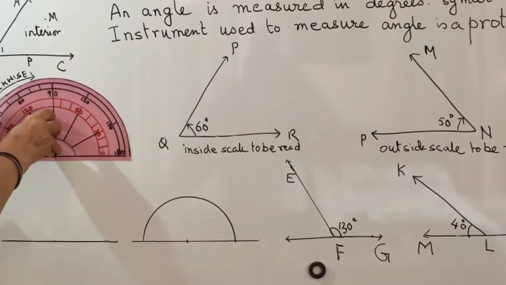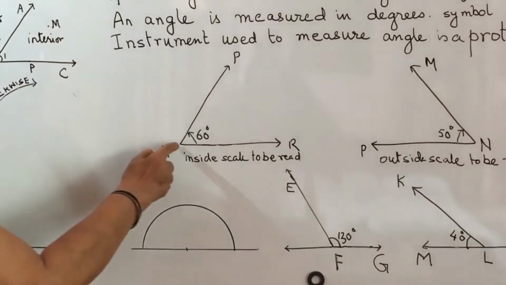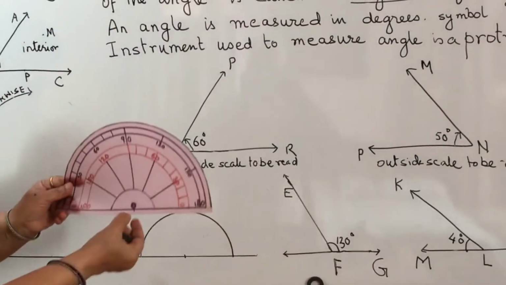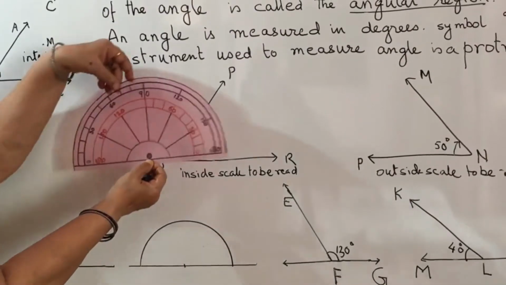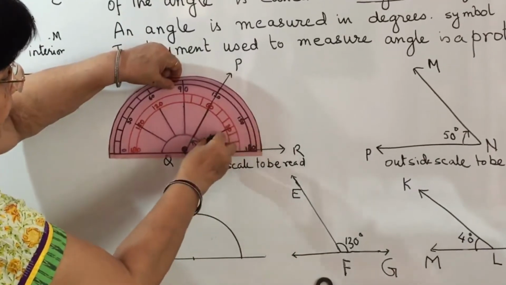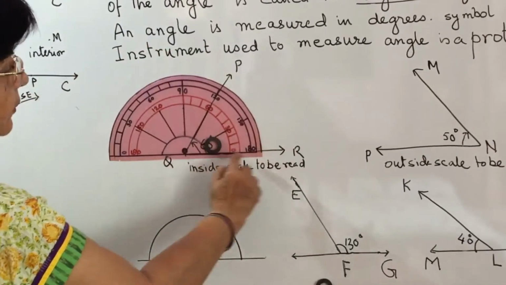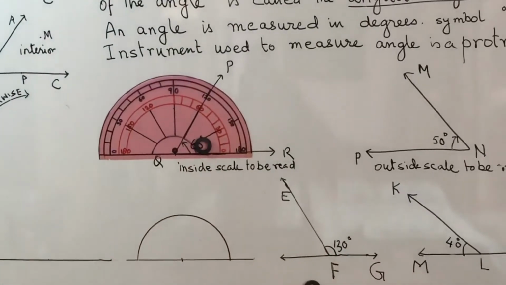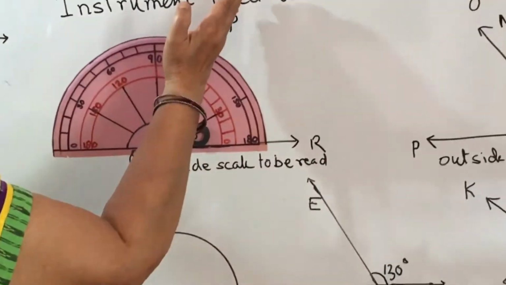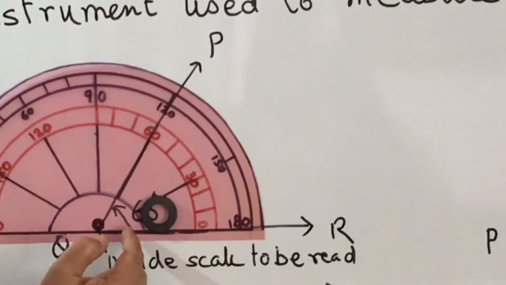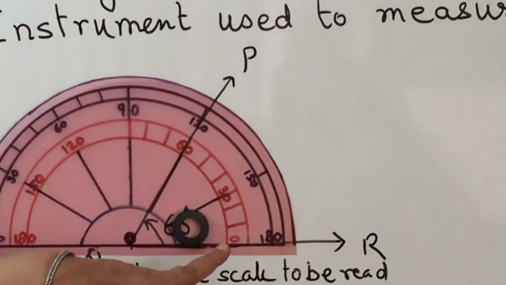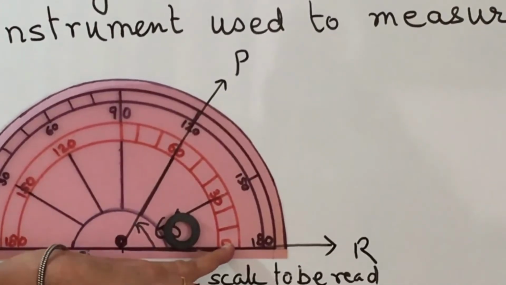Now let us take this. Now QR is the arm of the angle and Q is the vertex. This point of the protractor is placed at the point Q. And along QR we have this line of the protractor. Is it all right? Now just see. QP is along this direction and I have to measure the angle from here to here. That is, we always start from 0 to measure the angle.